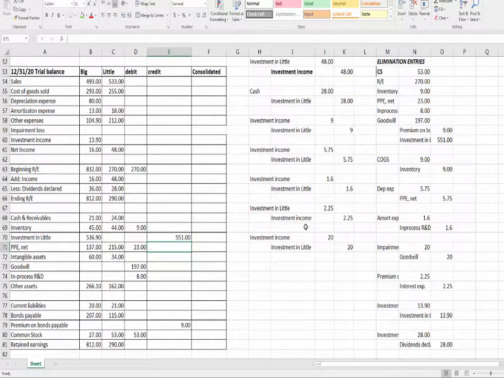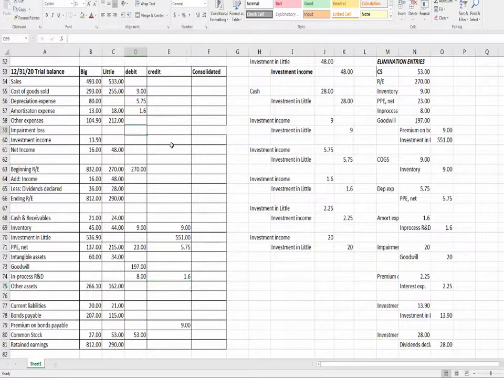Okay, my A for amortization entries, just going through one by one. Debiting cost of goods sold plus that. Crediting inventory plus that. Debiting depreciation expense plus that. Crediting property, plant, equipment net plus that. Debiting amortization expense plus that. Crediting in-process R&D plus that.